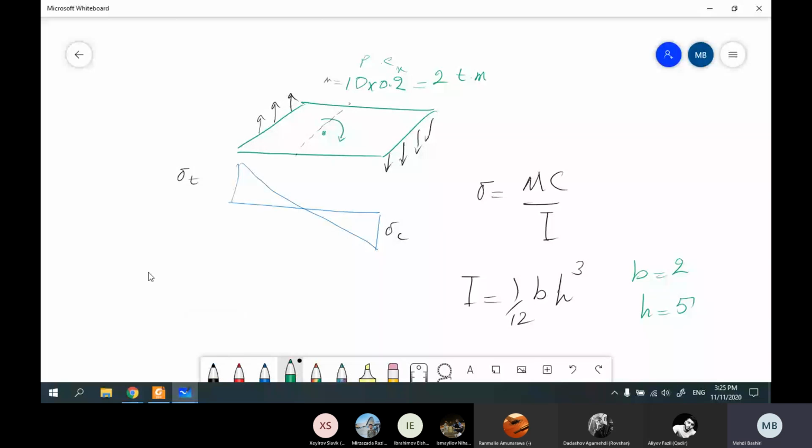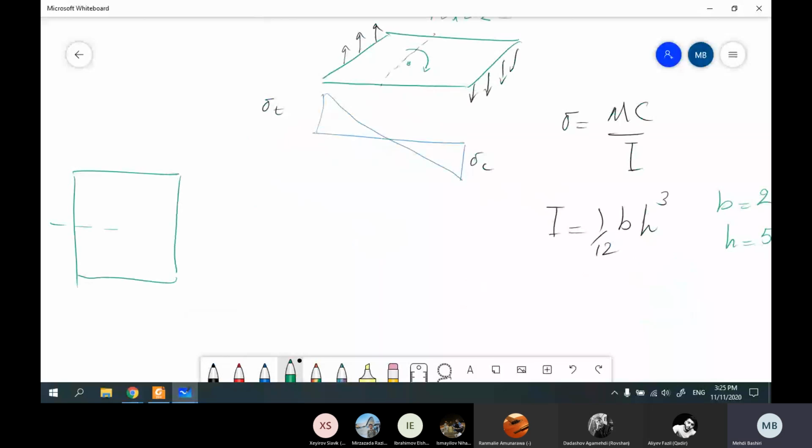If I rotate this case and show you, you had this before, h, b, and this was, for example, Ix. What was Ix? 1 over 12 b h cubed. If you just rotate this case, you get this one.